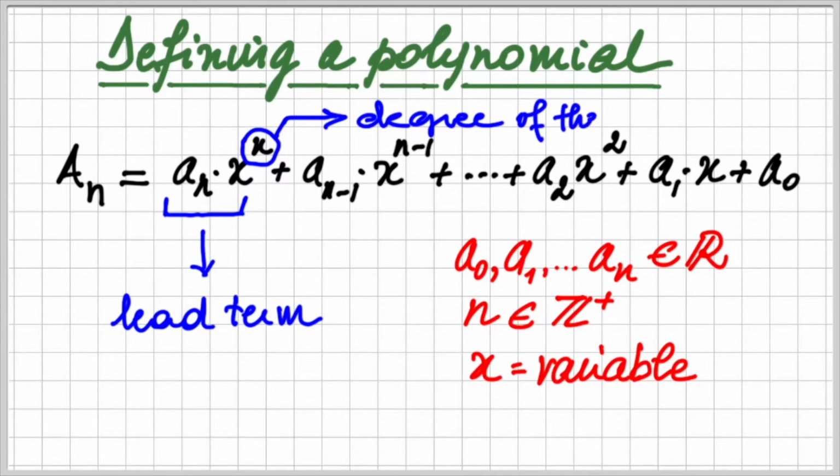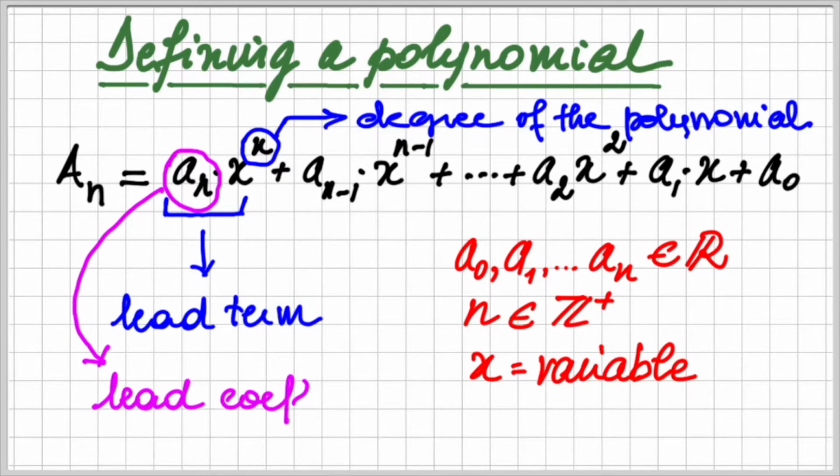N is the degree of the polynomial. It's the highest power that has a coefficient an different from 0, and an is the lead coefficient of the polynomial.